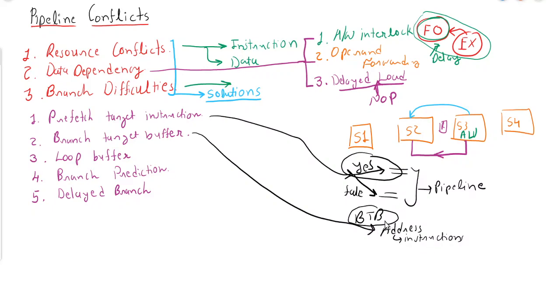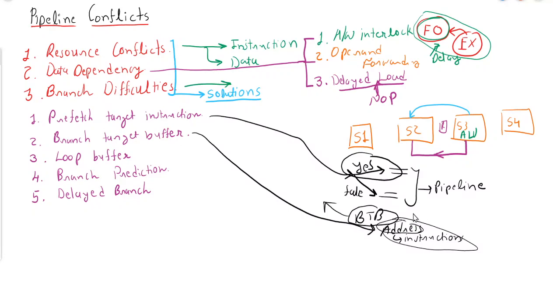Whenever that branch instruction is decoded, the pipeline will search the associative memory using the address, and if the instruction is available, it will directly fetch those instructions from the branch target buffer, and then the upcoming instructions will be fetched gradually.